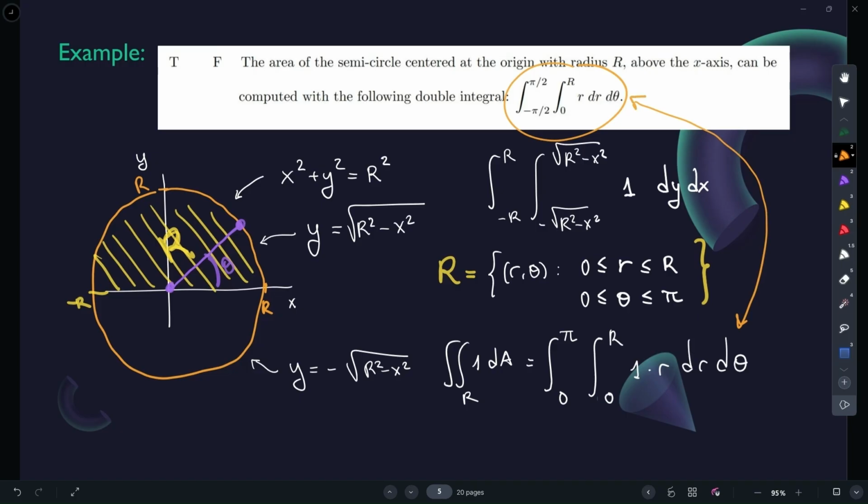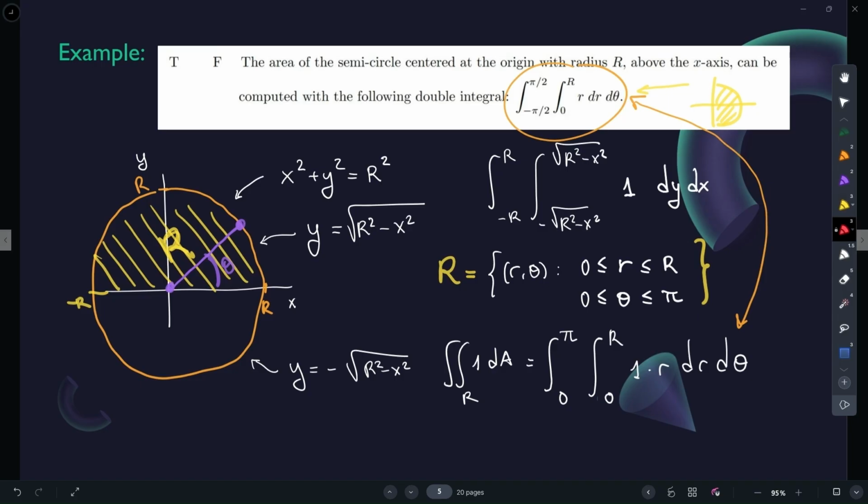And what is happening here is that this region that is being described is the semicircle with angles going from pi over 2 to minus pi over 2. So this region that is being described by this integral is this semicircle. However, that semicircle and the semicircle we are talking about have exactly the same area.